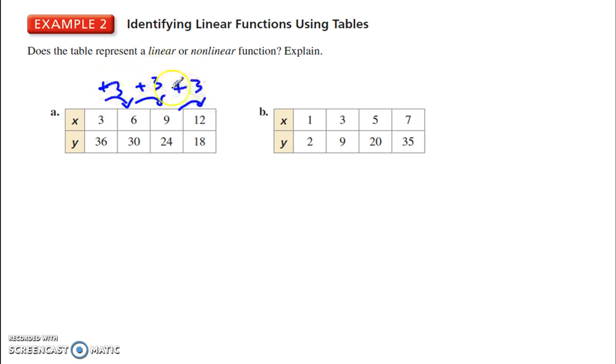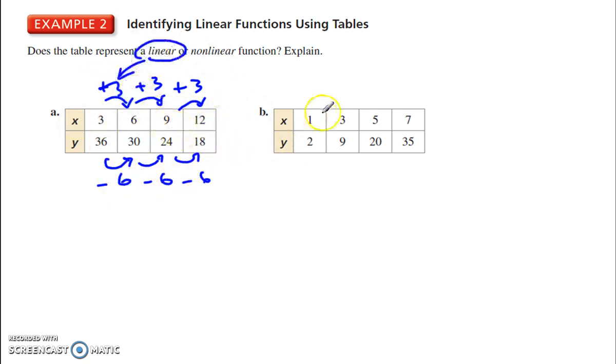So the difference between each of these is constant, so we have to check here the difference. And the difference here is minus 6. From here to here, minus 6, and minus 6. So this is a constant rate of change. It's negative 1/2. So we have a linear function.